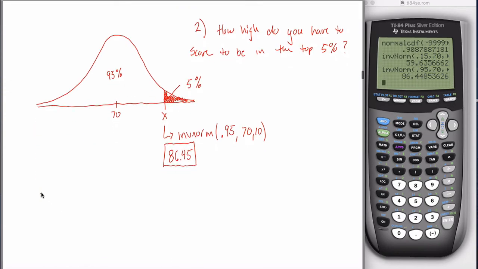I want to make it even worse. The middle 80% of test scores fall between which 2 values?